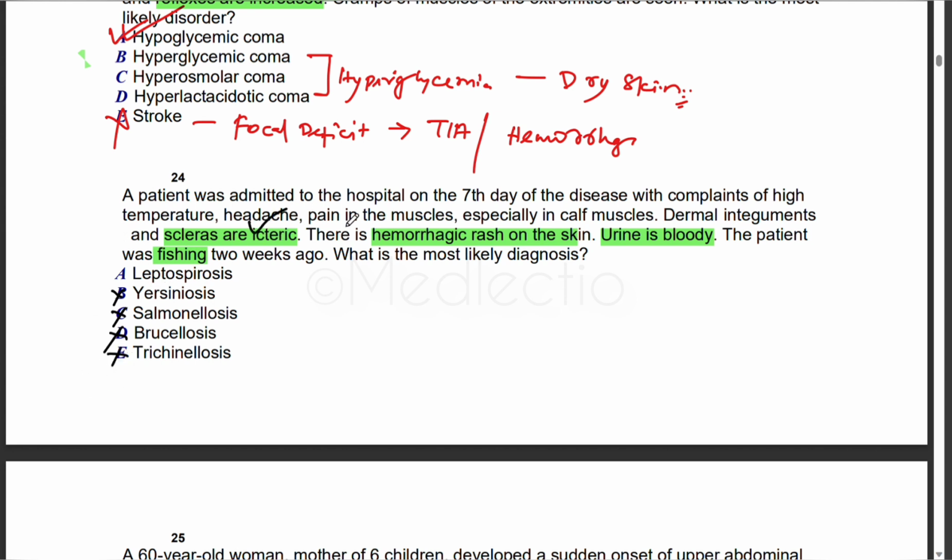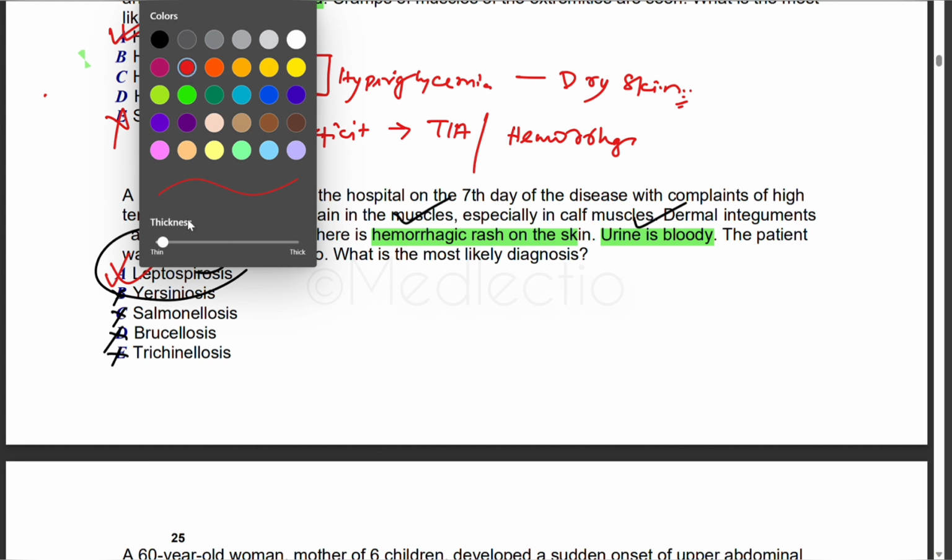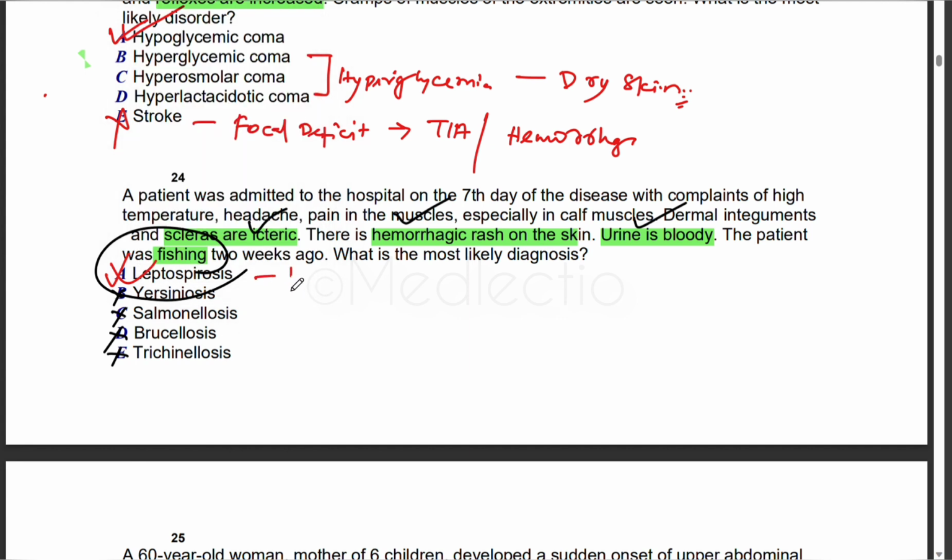We have jaundice, we have hemorrhagic rash, we have hematuria, and we have a history of fishing. So our answer here is leptospirosis. Actually, no other cause gives hemorrhagic rash, so it's specific to leptospira.